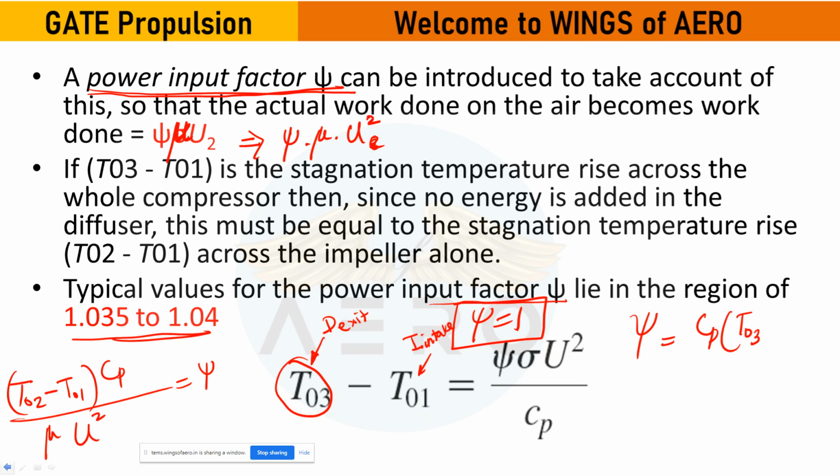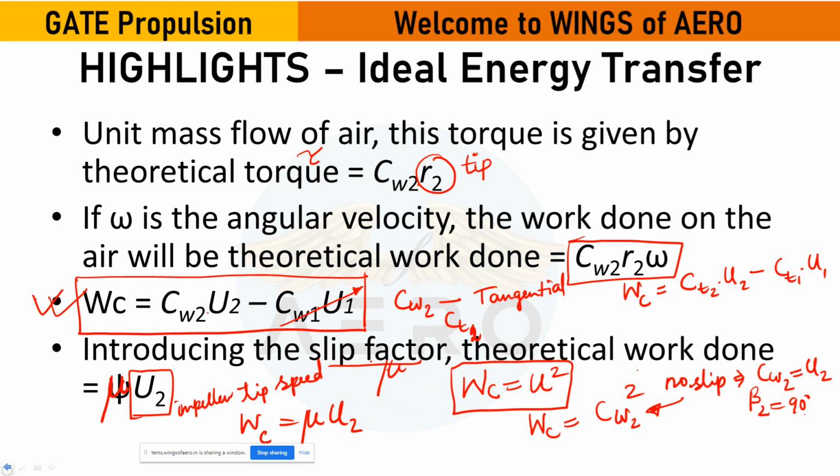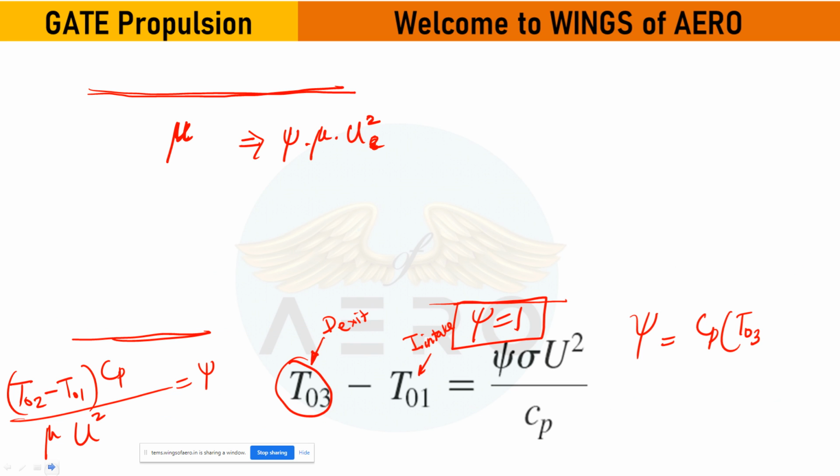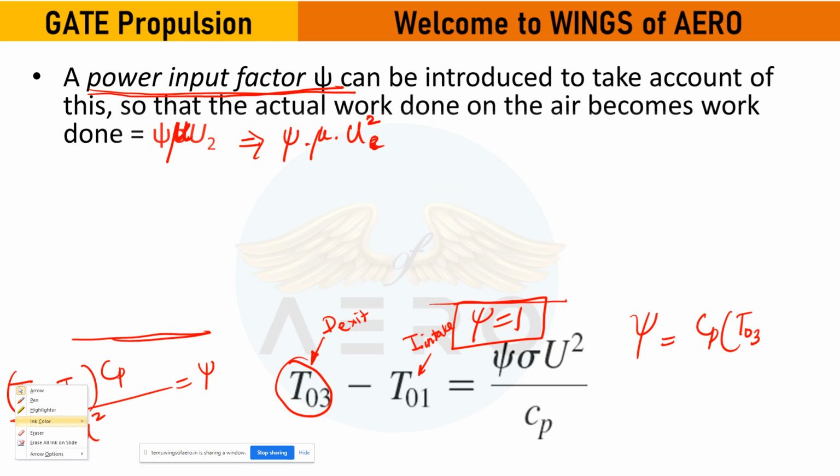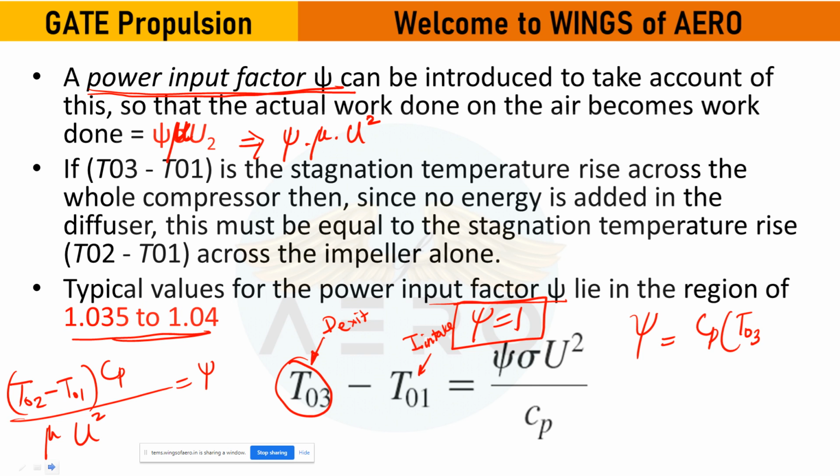Square terms will be here. And here also mu only, next to U square.